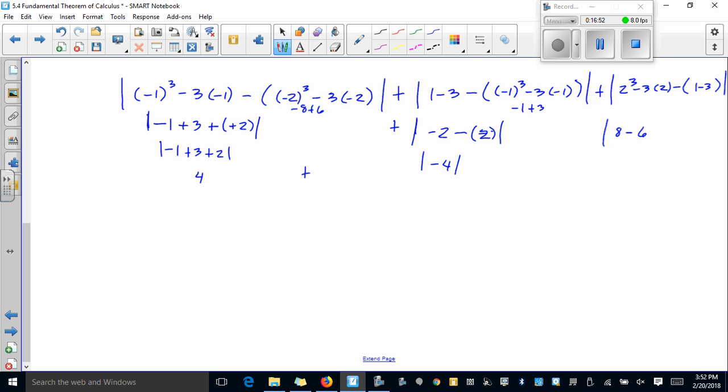We have the absolute value of 4. So in the end, you had the absolute value of 4 plus the absolute value of negative 4 plus the absolute value of 4. So really we have 4 times 3, which is 12. Which just tells us that it's below the x-axis between negative 1 and 1.